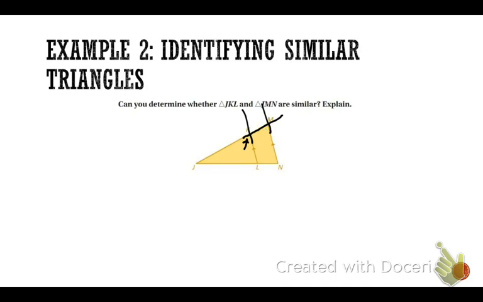That's important. Now, look at the bottom side length of the triangle. So now you've got your parallel lines running this way. And the bottom side of the triangle is running this way. So guess what? These correspond too.